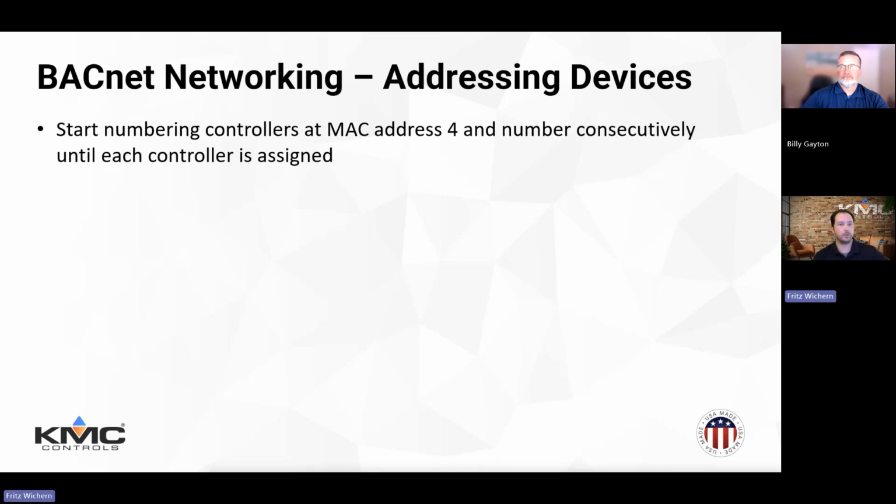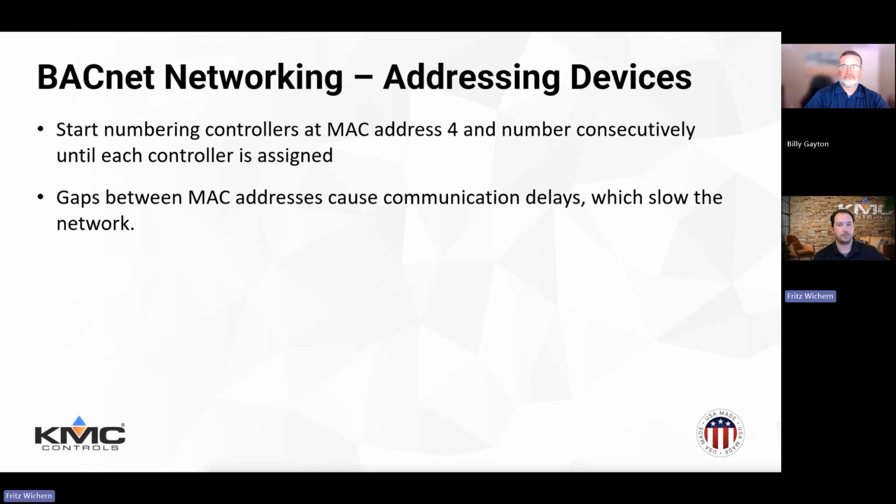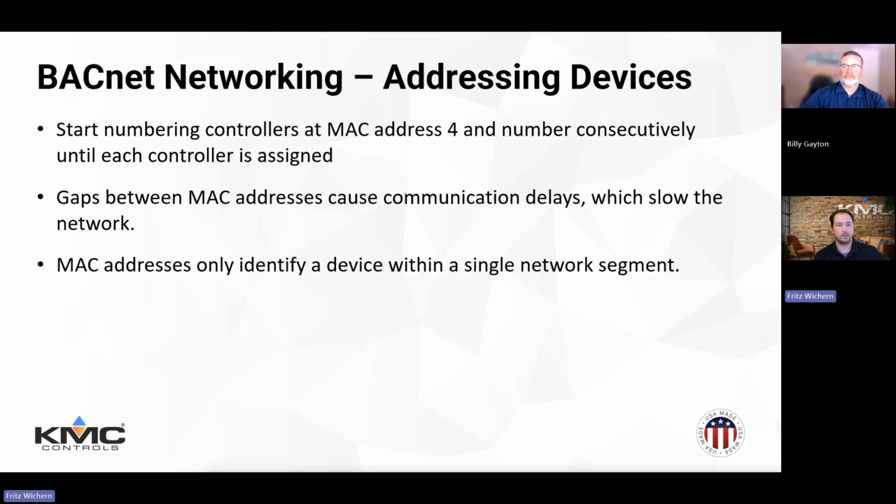It's important to remember not to leave any gaps in the MAC addresses. You just get delays as it's going through and trying to find a device in that gap. When you're going through and numbering these, don't leave any big gaps in there. MAC addresses only identify a device within a single network segment.